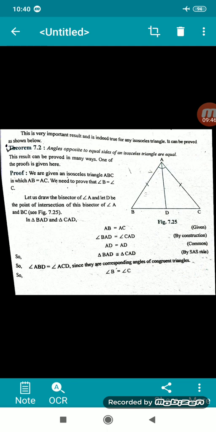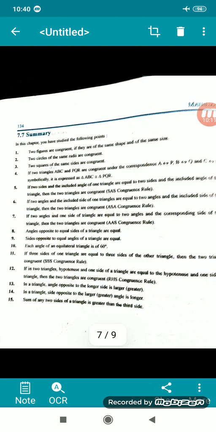Angle BAD and angle CAD are constructed equal. AD is equal to AD, which is common. So triangle BAD is congruent to triangle CAD. So angle ABD is equal to angle ACD. Since they are corresponding angles of congruent triangles, angle B is equal to angle C.